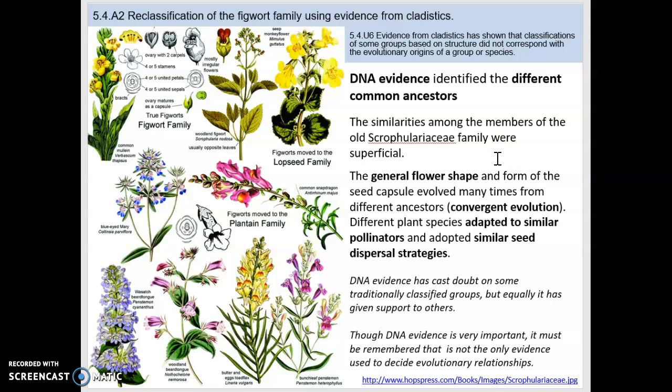They've evolved many times from different ancestors, but they've adapted to similar pollinators. So they're probably competing for the same kind of insect. So they've adopted similar flowers to get the insects to come to them, but they've also adopted a similar seed dispersal strategy. So it looks like they're very similar, but when we look at the DNA, it's actually different. So that's led to a reclassification, and that's how that would be used.